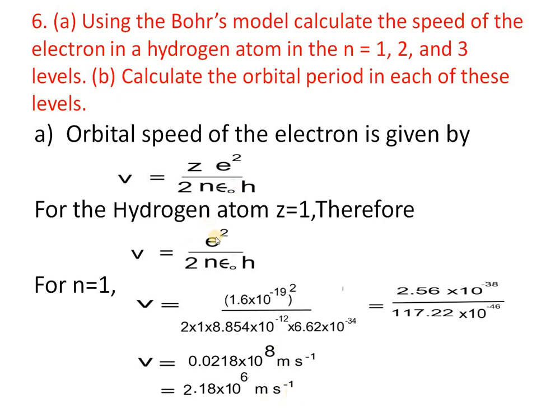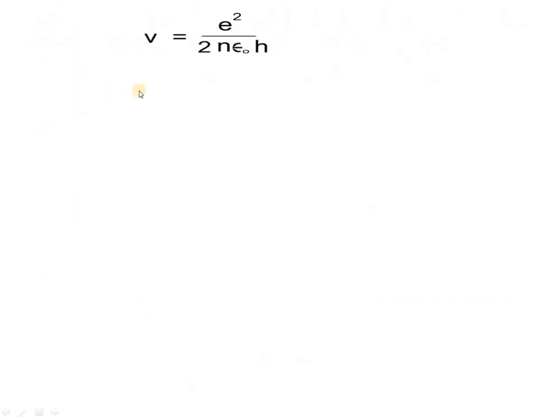Now we have to calculate orbital speed of the electron in the hydrogen atom in n is equal to 2 level. For calculation of orbital speed in n is equal to 2, just we have to substitute n is equal to 2 here, or otherwise we have to know the relation between V1 and V2. If we closely observe the formula for orbital speed of the electron, then orbital speed in the first orbit is 2 times the orbital speed in the second orbit, because for the second orbit we need to substitute n is equal to 2.